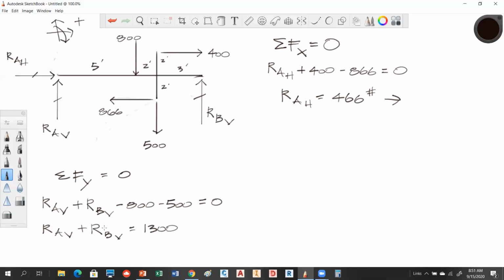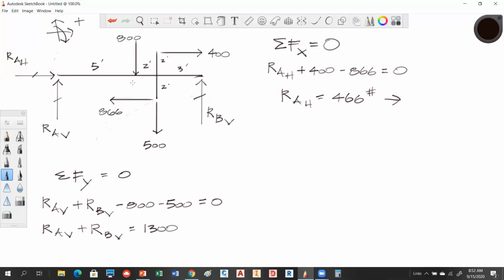do a moment. If you guys had to guess, can you determine which one of these is actually carrying more load? Anybody have a suggestion? Just looking at your diagram up here. If I had to guess, the 500 is closer to the RBV than this.